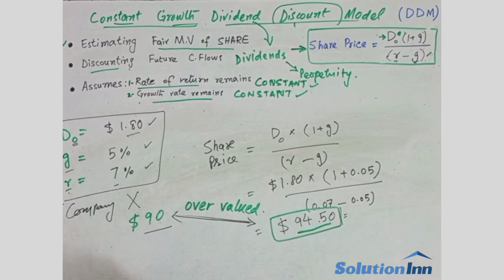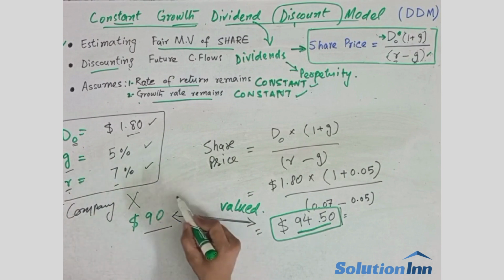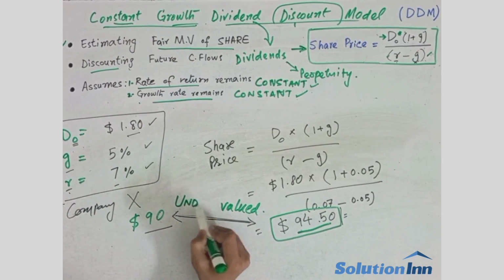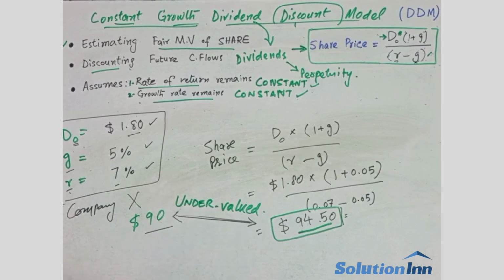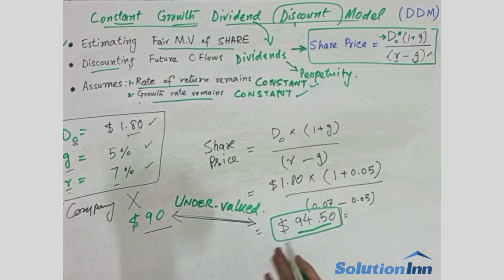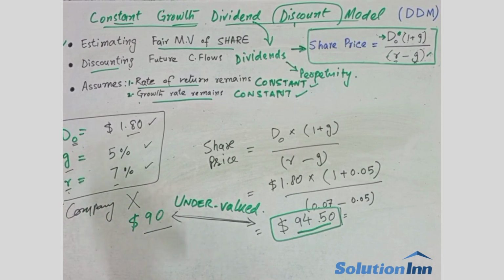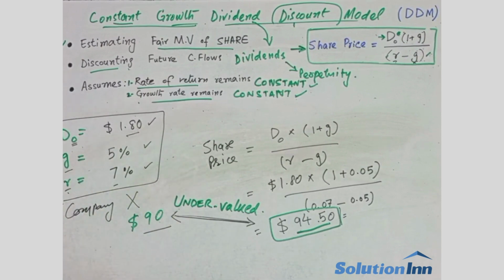This is something that is worth spending. So we will say in this case that the share of company X is undervalued. So this is how a shareholder can estimate a share's price to compare it with the actual price of the share, to make important investment decisions.